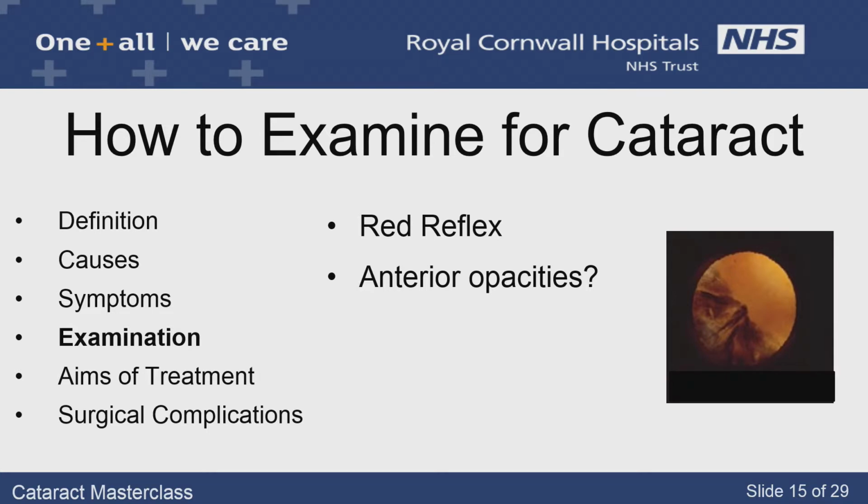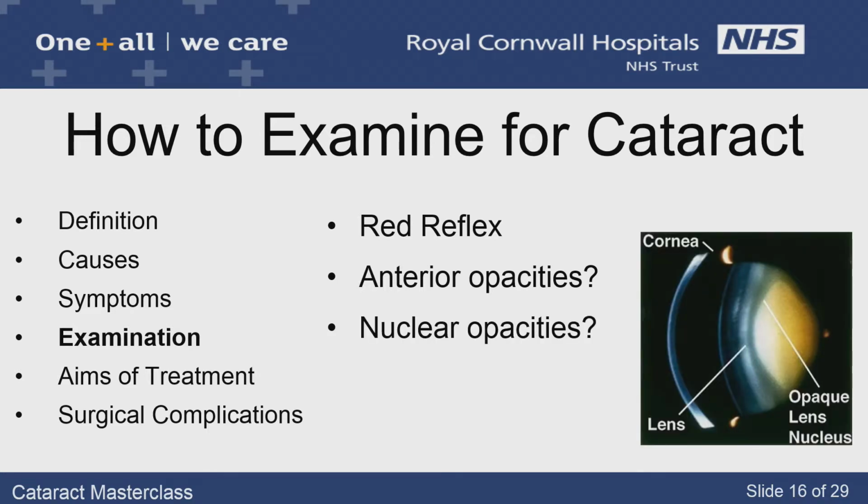The front of the lens is optically very insignificant when it comes to diffraction and visual impairment, and so that doesn't really impress us. Whereas nuclear opacities are a browning of the centre of the lens, which can creep up very slowly on patients before they finally decompensate and develop impairment.